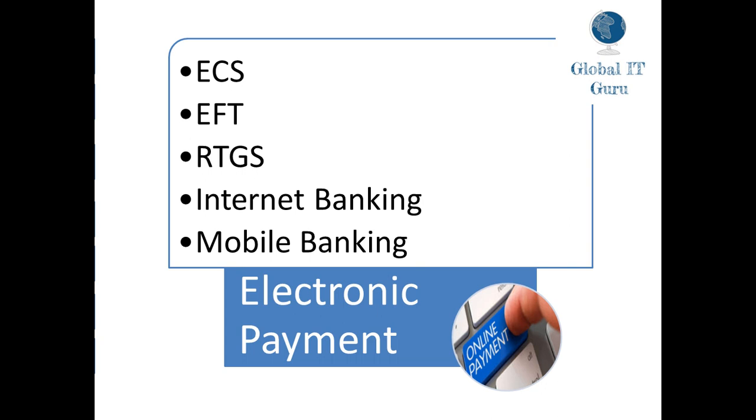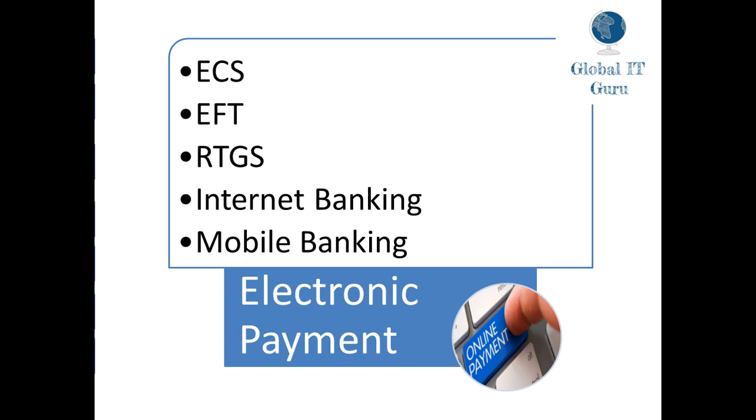types of payment, that is electronic payments. We have ECS, EFT, RTGS, internet banking, and mobile banking. ECS stands for electronic clearing service. It is the transfer of funds from one bank account to another bank account.